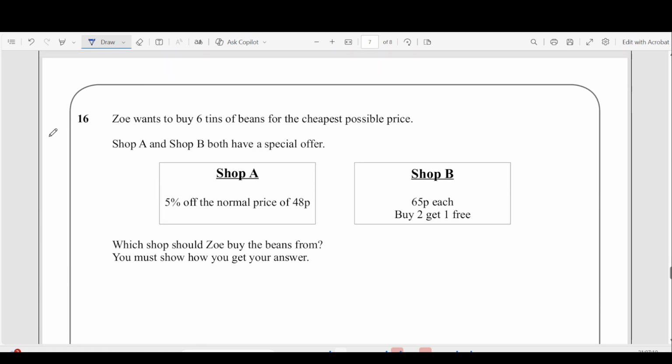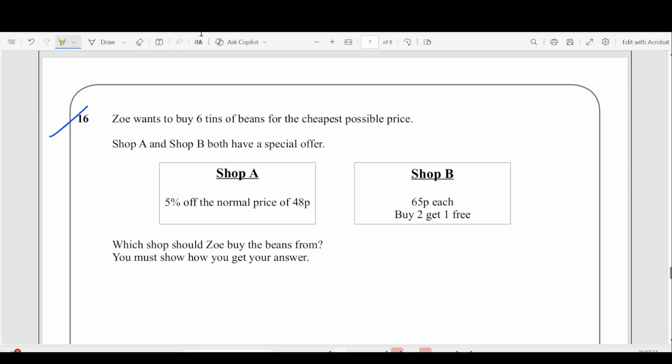Let's try number 16. Read it. Zoe wants to buy six tins of beans for the cheapest possible price.